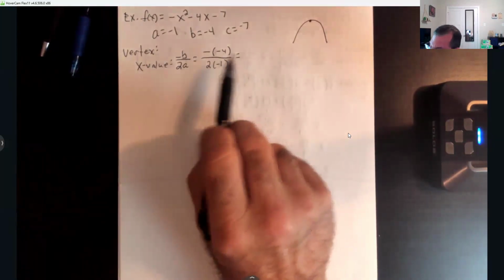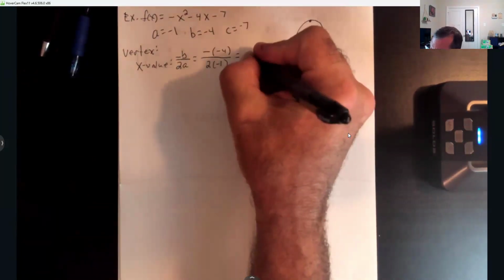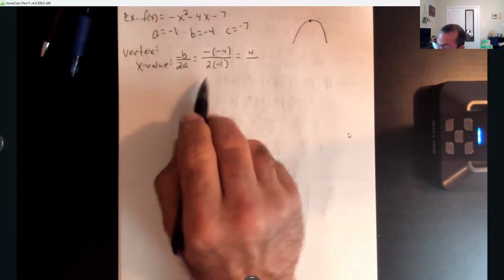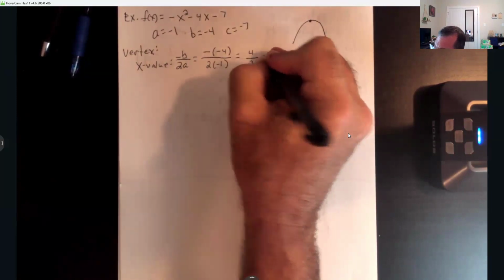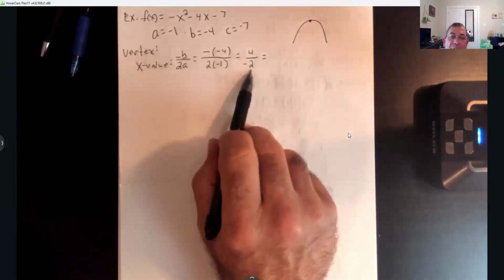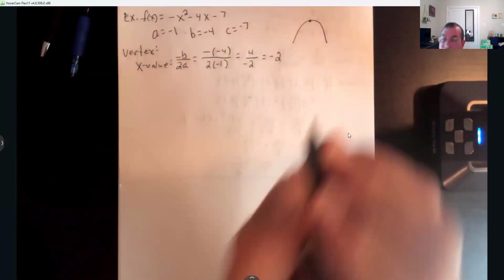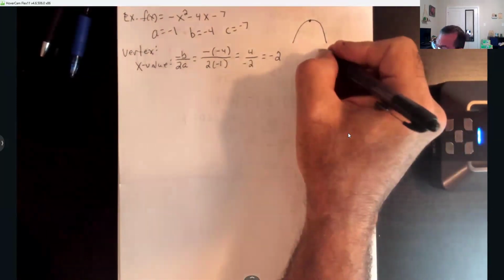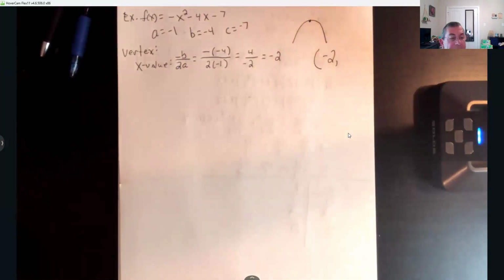Got a lot of negatives here, but the two negatives on top are going to make that a positive 4. The 2 times negative 1 makes that a negative 2 on the bottom. And y'all, 4 divided by negative 2 is a negative 2. So we know our vertex has the x value of negative 2.